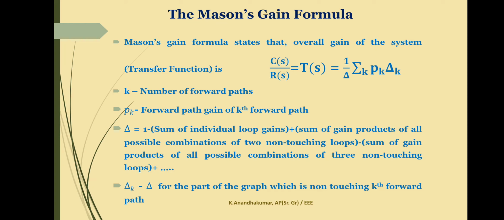Then you have to take that part of the signal flow graph and find delta for it. That is, for that part you look for individual loops, combinations of 2 non-touching loops, 3 non-touching loops, and then find delta. While solving a problem, I will explain it clearly.